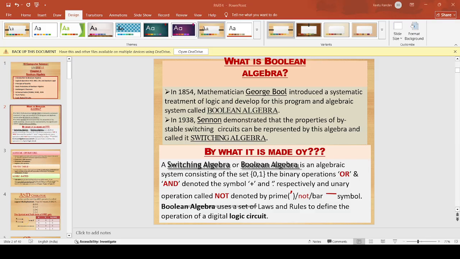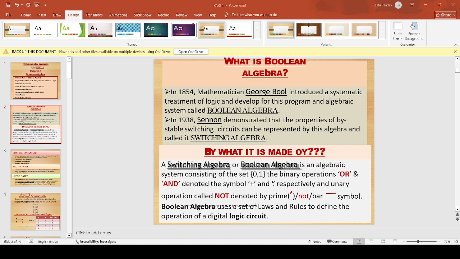As we know, Boolean algebra was introduced by a great mathematician, George Boole, and he demonstrated the properties of switching circuits by representing the algebra in the form of circuits, that is 0 and 1.